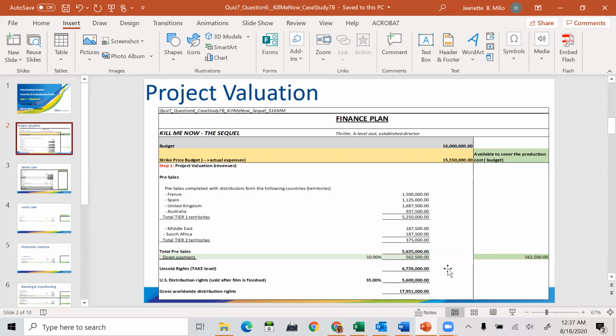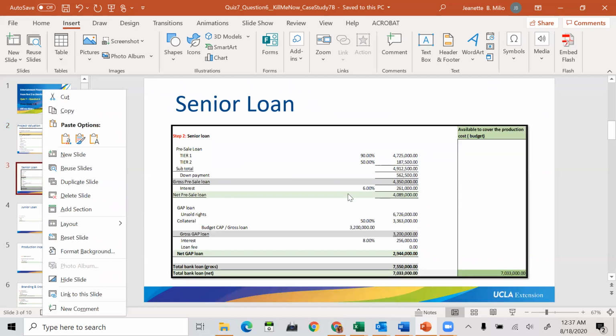We're going to sell 35% of our budget later, after the movie is done, for $5,600,000. Once we put together all the sales, we end up with worthwhile distribution rights of $17,951,000.